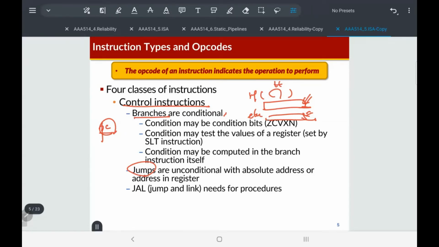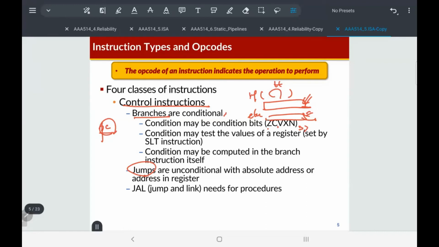Also, we can check the inequality of the two registers, two data. We can also use some condition bits like G, C, B, X, N. If a certain instruction is executed, the condition bits can also be changed. And then based on these condition bits, the result of branches can also be determined.